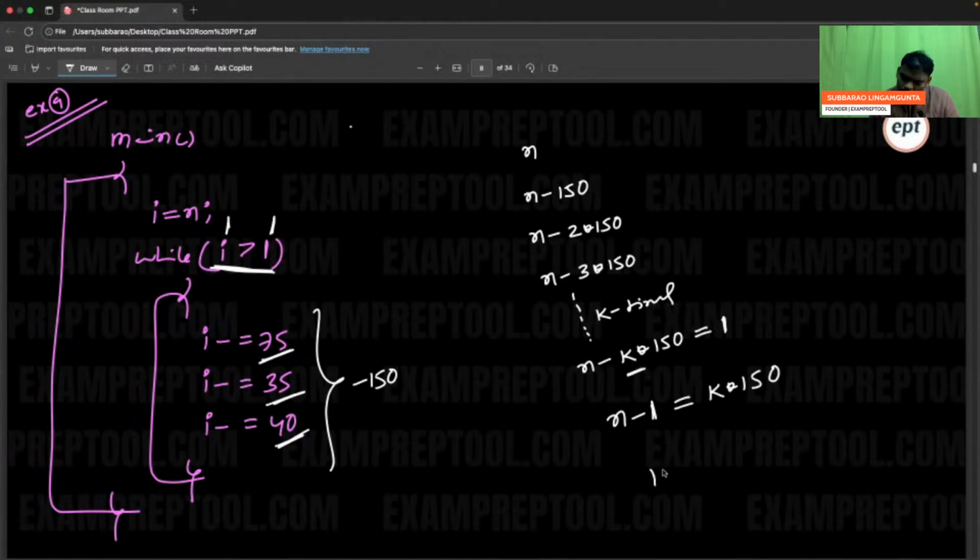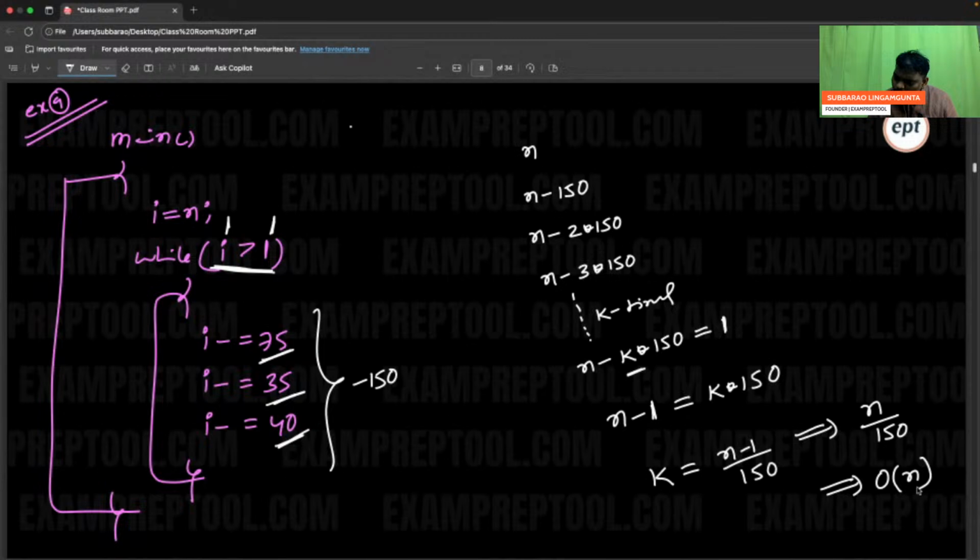So finally k becomes n minus 1 by 150. Small things you can ignore, because in front of n, constants are negligible. N by 150 becomes big O of n. So the time complexity of this program is big O of n.